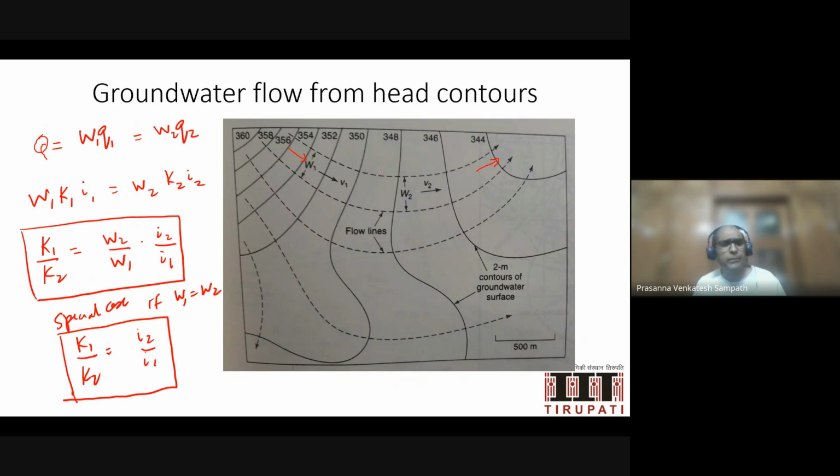What does that mean? Or maybe I'll ask it like this. If K1 is greater than K2, then what can you infer? In this case, which is greater, I1 or I2?